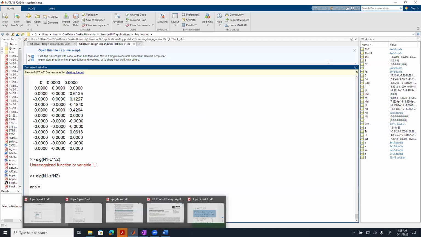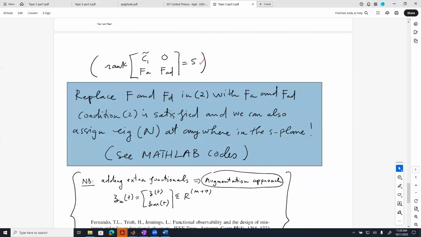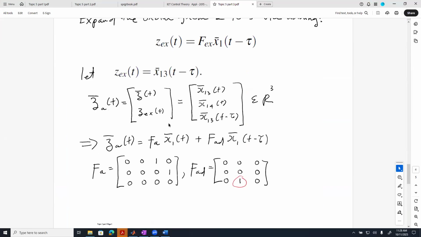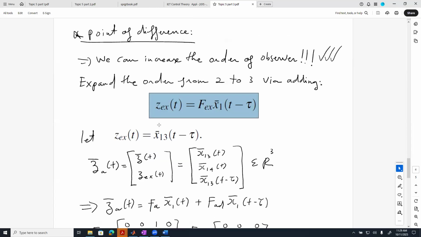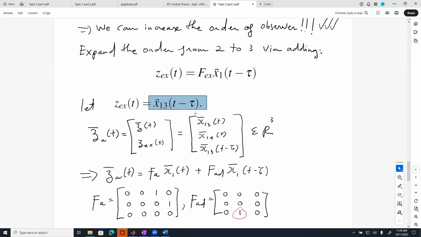So the thing about this is that with this additional generalized functional, which is just a simple delay of the stack variable in there, we are able to design a third order observer without an internal delay to estimate this generalized functional.